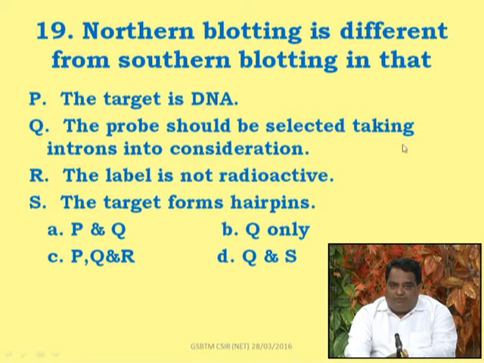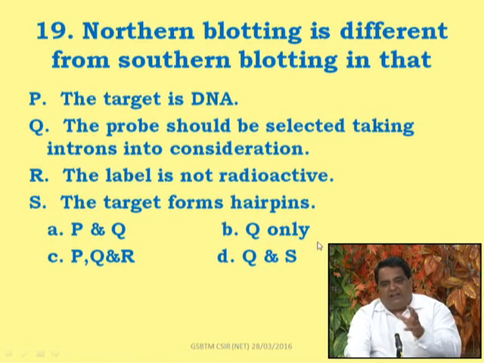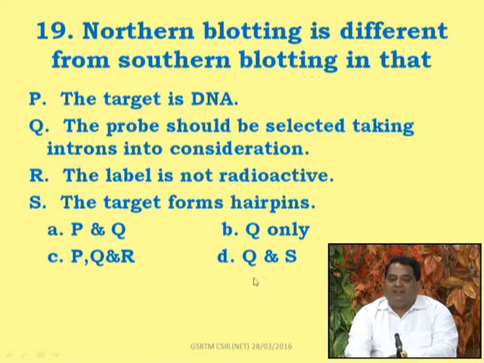Q, the probe should be selected taking introns into consideration. This is right. There should not be any junk DNA, and the target forms hairpins. Of course, messenger RNA is sometimes folded and can form secondary structure. So the answer is Q and S. And where is Q and S? D. So D is the right answer. Q and S, this is the right one.